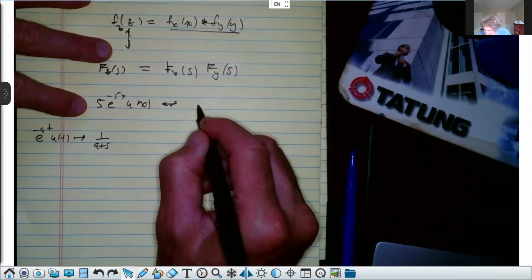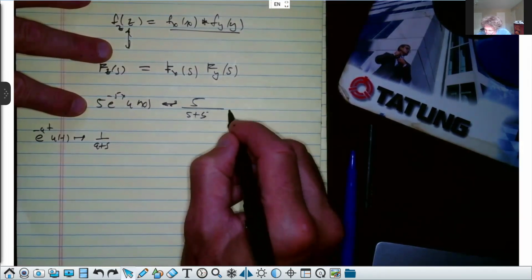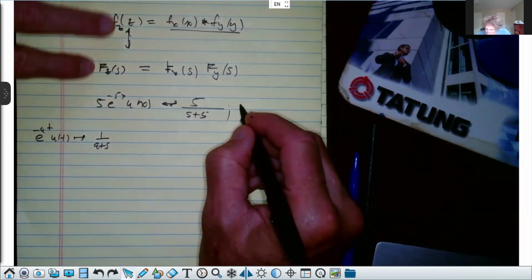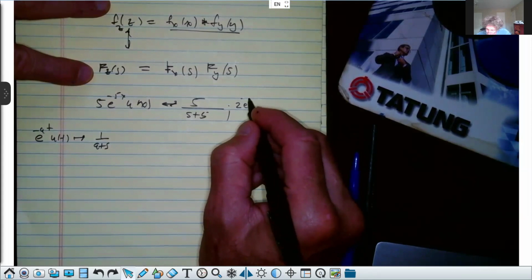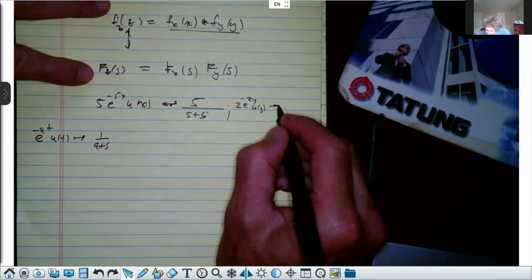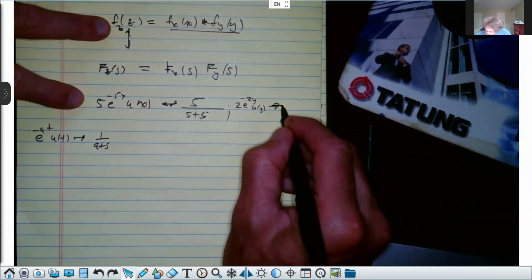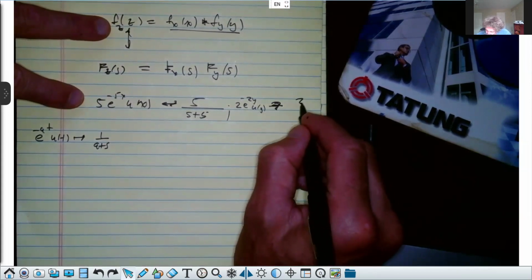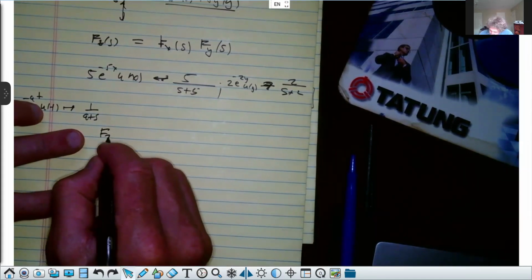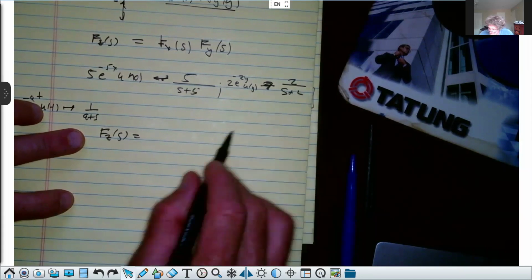This will just be 5 over s plus 5. And likewise, the 2e to the minus 2y u of y simply becomes 2 over s plus 2. So now I know my F_z of s is just going to be this times this.